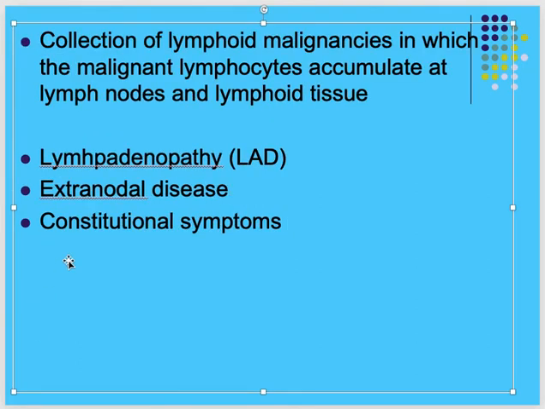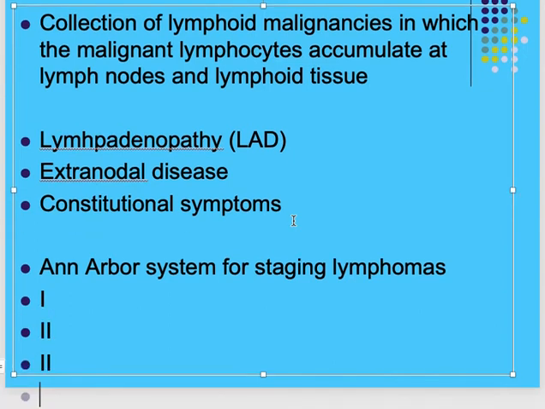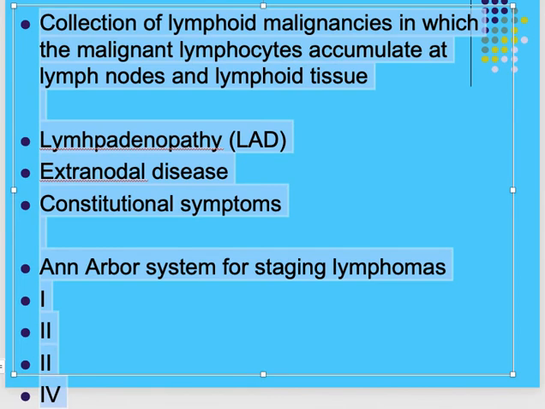One of the systems used for staging is called the Ann Arbor system for staging lymphomas. Basically, they have four stages: stage one, stage two, stage three, as well as stage four.